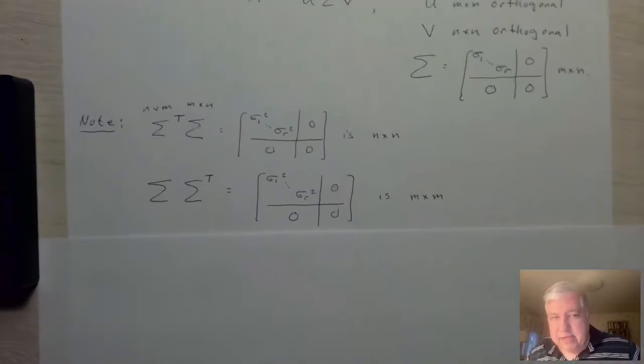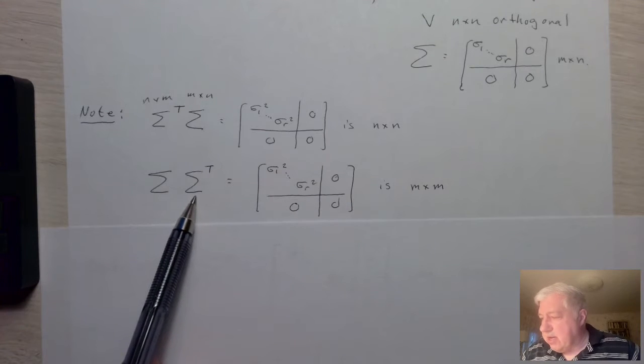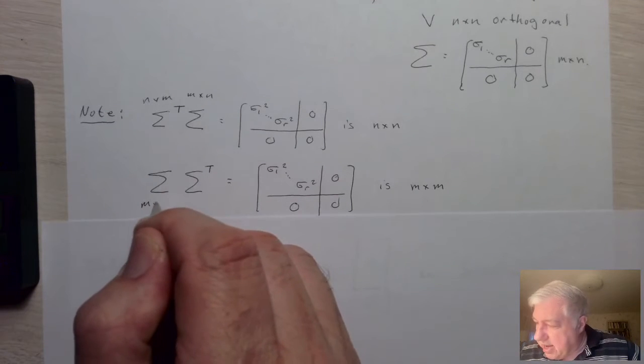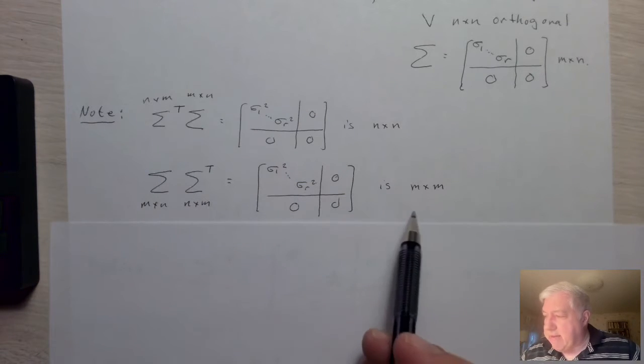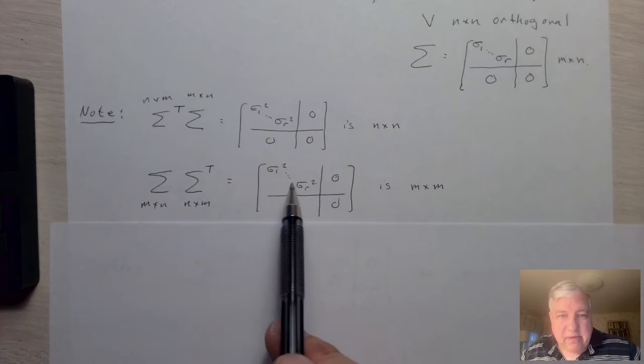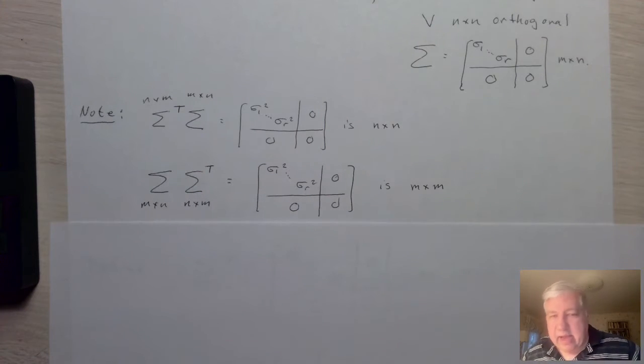We get something similar if we switch the order. If we take sigma times sigma transpose, this is m by n, this is n by m, so this time we get an m by m matrix, and once again we get the squares of the singular values on the diagonal.